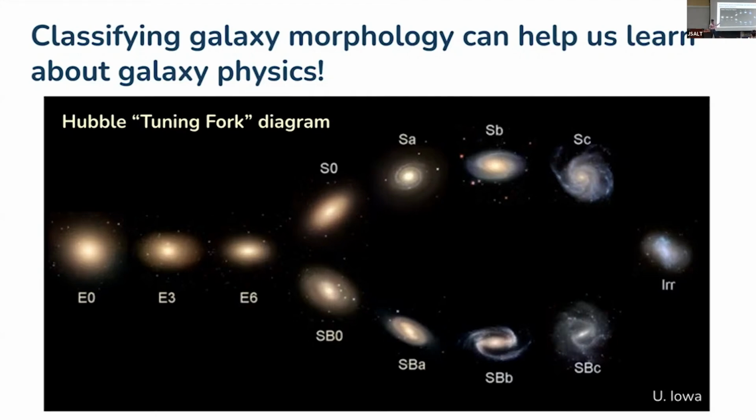On the upper branch, you've got regular spiral galaxies with gradually outward expanding arms. I'm forgetting the term now, but the pitch angle of the spiral arms expands as you go from SA to SB to SC. Same thing with spiral galaxies that have bars. Their morphologies actually do map well onto their physical properties.